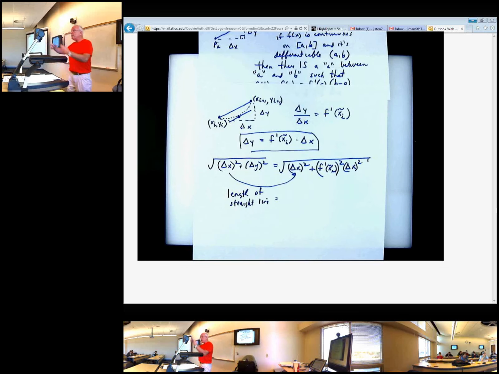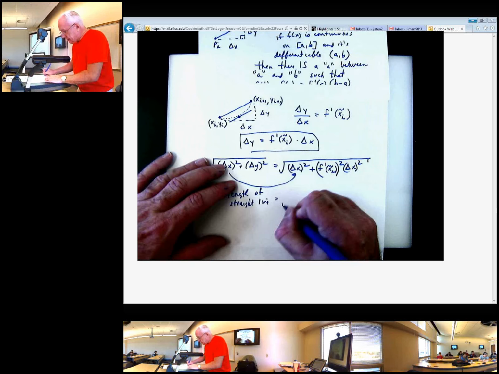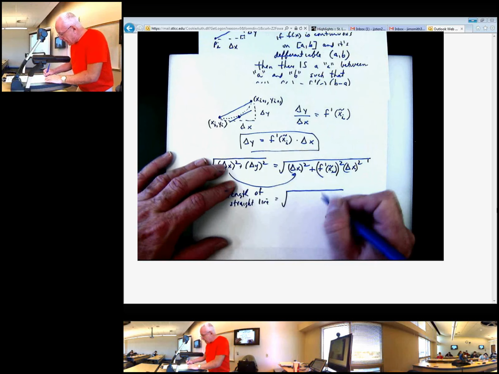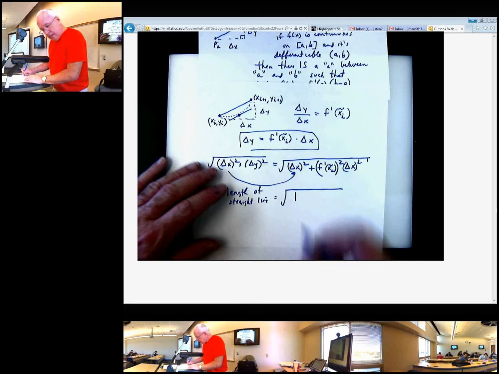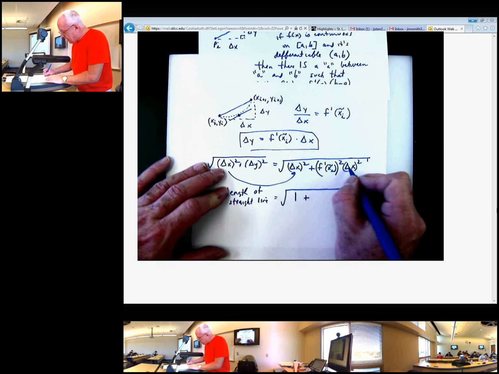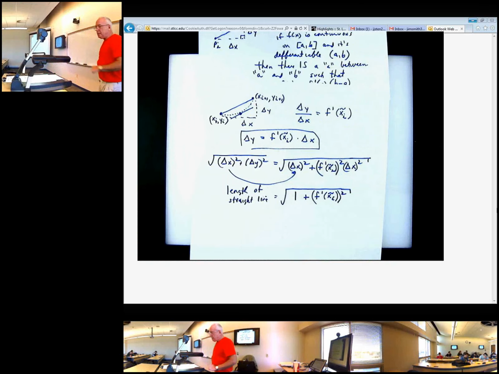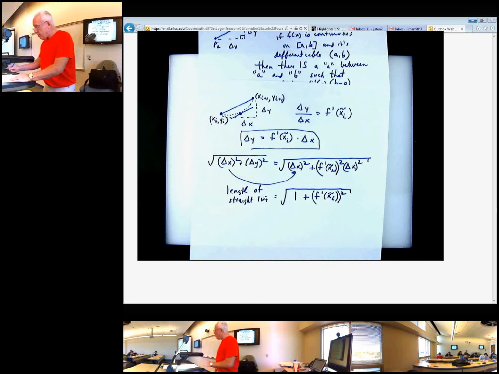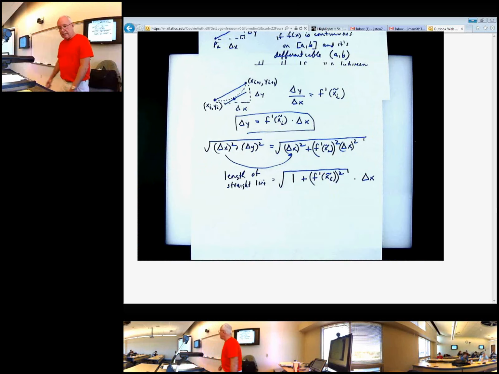So if I divide by delta x squared and I multiply on the outside by delta x, I'll still have the same thing. So we're going to have this then. Now I'm going to have a 1 here when I divide by delta x squared. And then here, I'm just going to have my derivative squared. That's going to stick around. But my delta x squared is going to go away there. But then on the outside, I have to multiply by a delta x.